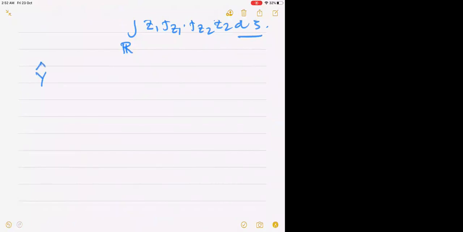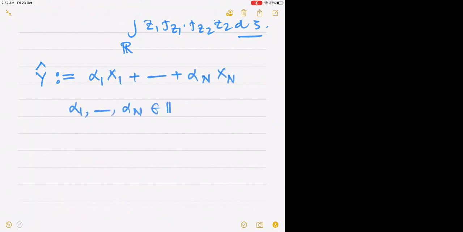Suppose y hat is defined to be alpha 1 x1 plus dot dot dot up to alpha n xn, where alpha 1 up to alpha n are unknown real numbers. My estimator would give me these numbers so that this is the best possible approximation.